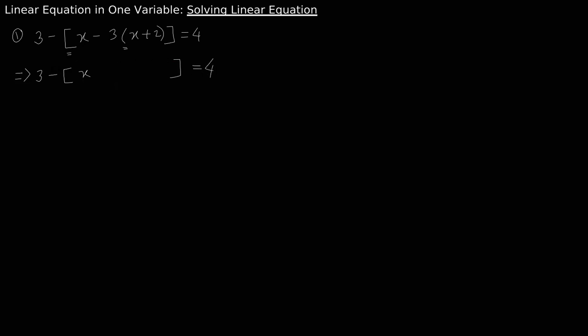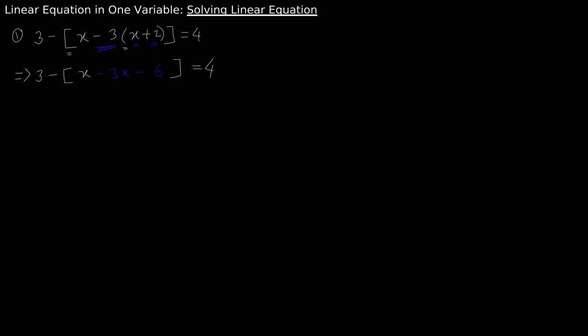Now let us see how I can remove this parenthesis. Minus 3 multiplied by x gives negative 3x, and minus 3 multiplied by plus 2 gives negative 6.